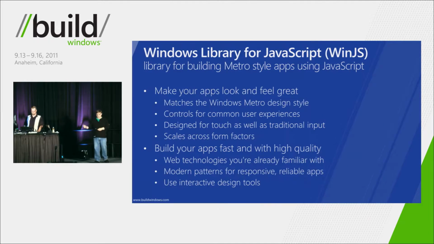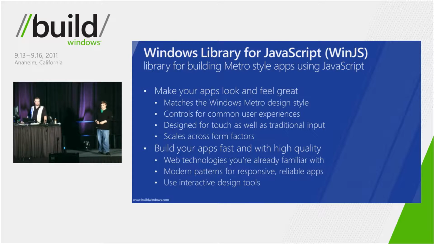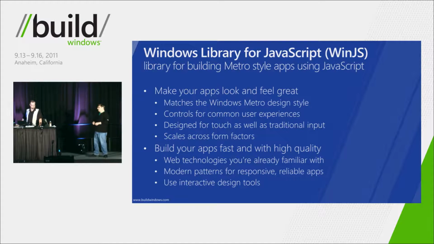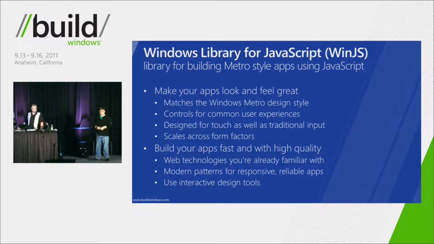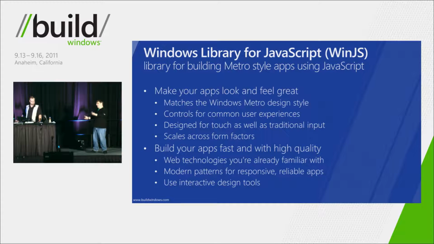What is WinJS? WinJS is a pure JavaScript library which provides an implementation of the Windows Metro style for JavaScript applications. It gives you the standard set of controls that you've already seen in many of the talks already. It gives you the style sheets to get the right font sizes and the offsets and margins and make things look nice according to the Metro style.